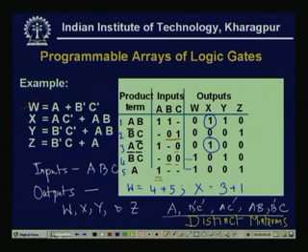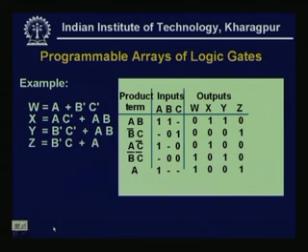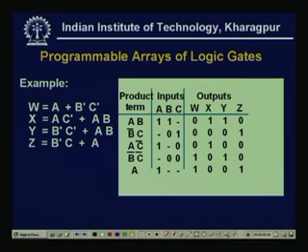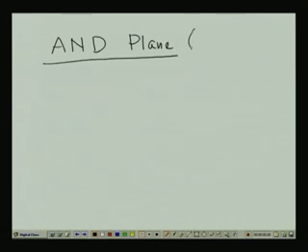So, if we summarize, for the AND plane, or we can say AND array, this is a 2D array.